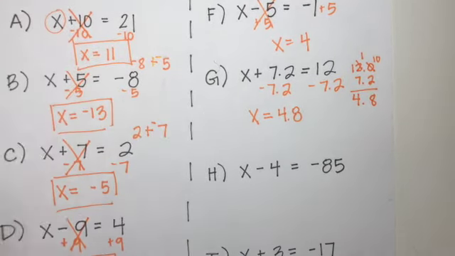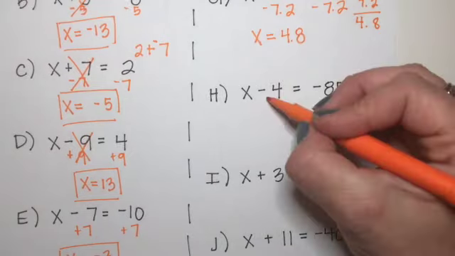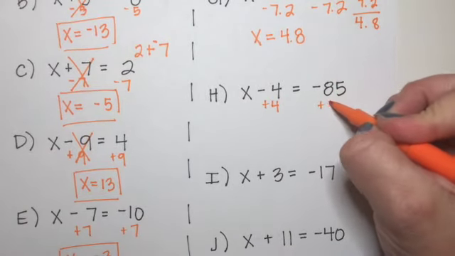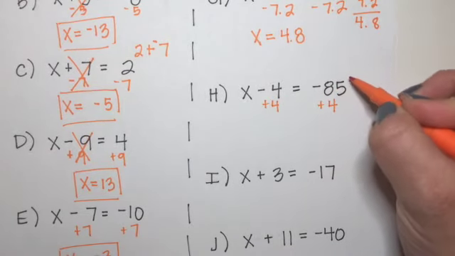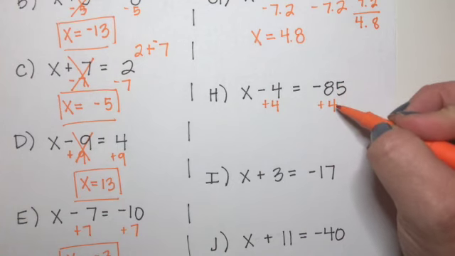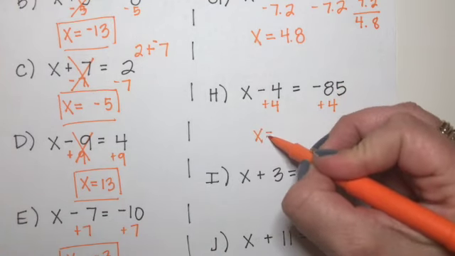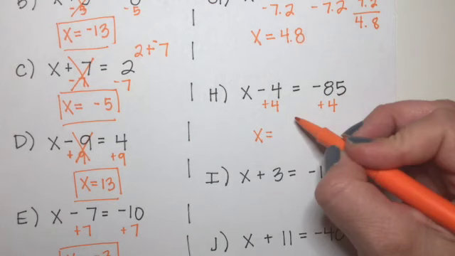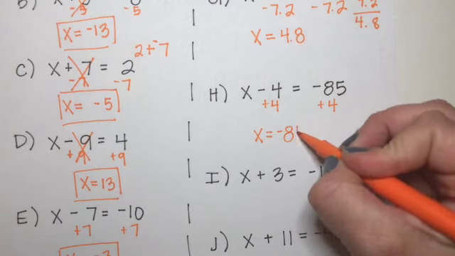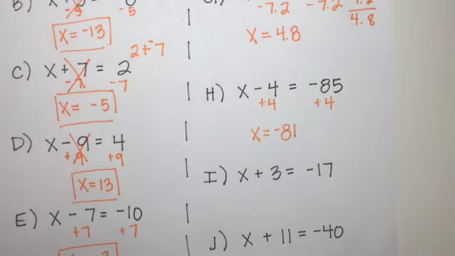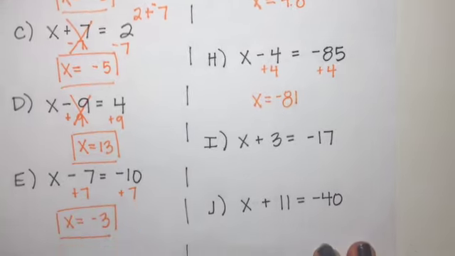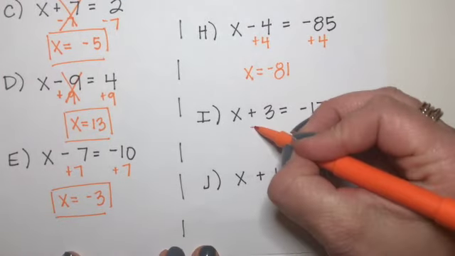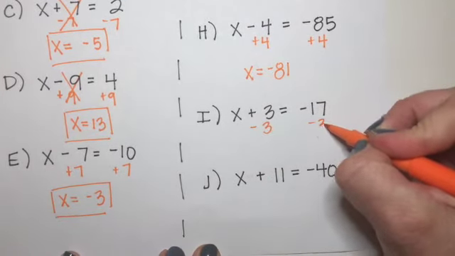And then letter H, the opposite of subtracting 4 would be to add it. These are different signs, subtract. So the difference is 81. And the larger number, the bigger absolute value, is negative. So -81. Letter I, the opposite of adding 3 is to subtract 3.